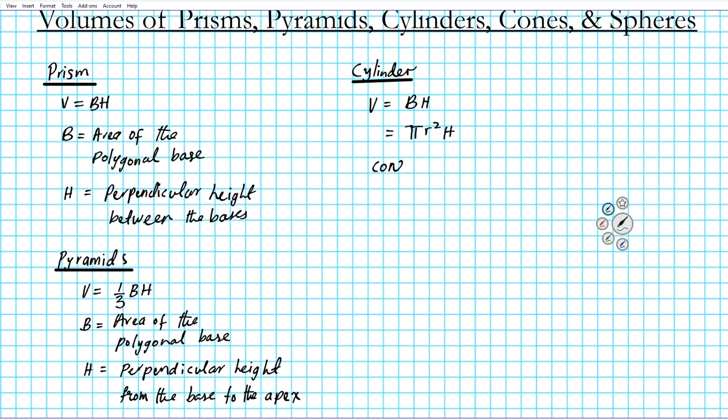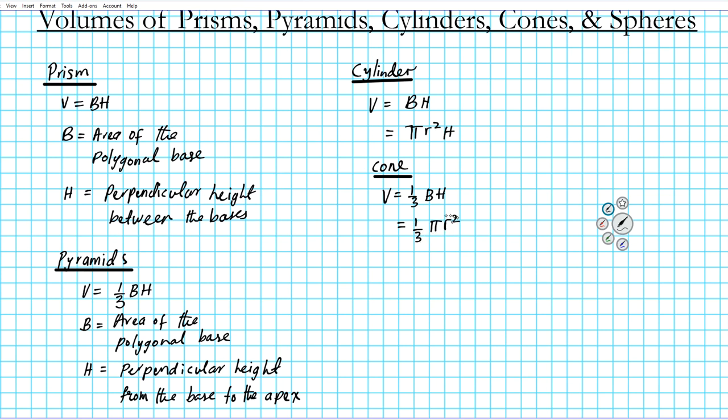For a cone, it's similar to that of a pyramid. The volume of a cone is 1/3 of the related cylinder with the same circular base and perpendicular height. So the volume is 1/3 area of the base times height, but for a cone the base is circular, so the big B in this particular case is pi r squared.